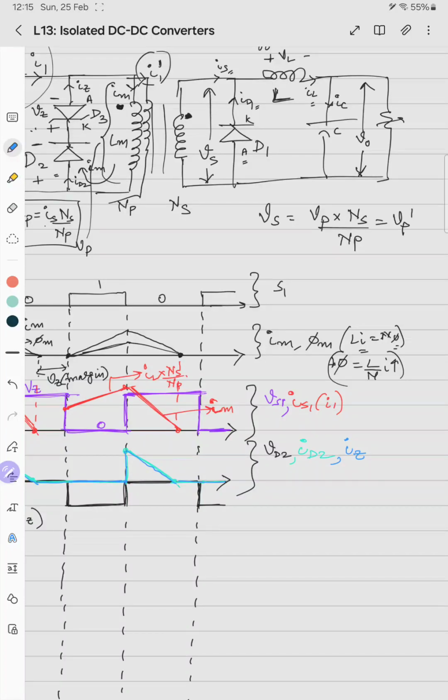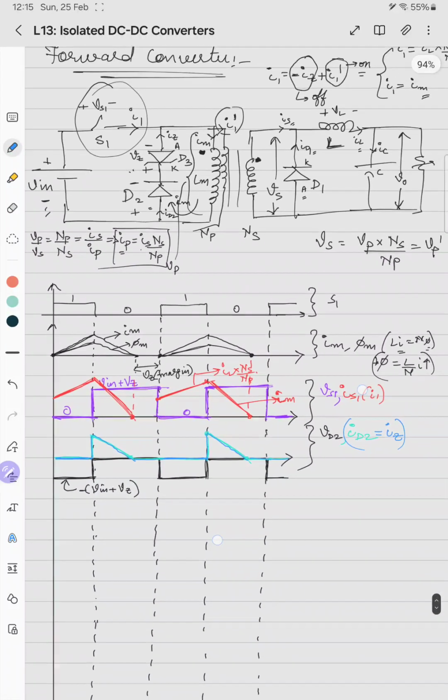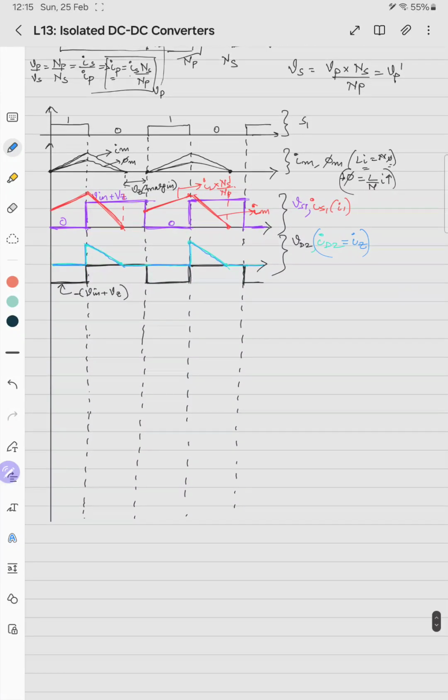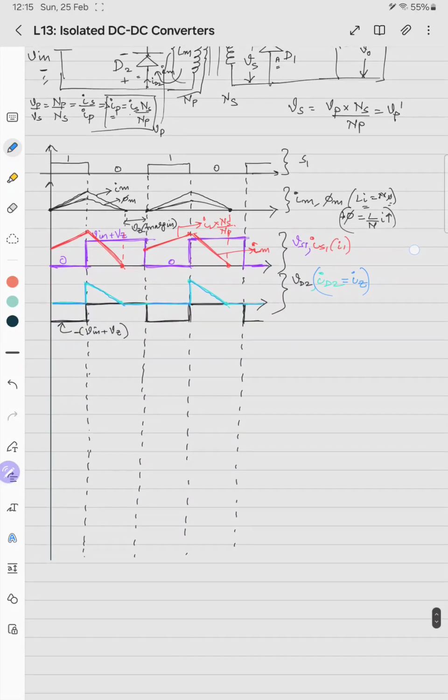So I can use the same current, ID2 equals IZ. Like this I will write. ID2 equals IZ. And Vz is a constant term. Then we'll draw VP and VS.